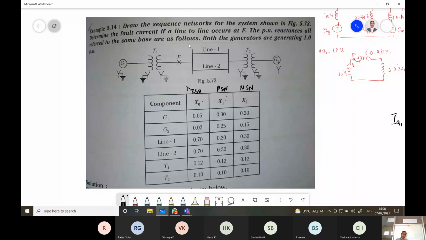So similar to the previous problem, you need to draw PSN and NSN, negative sequence network. After drawing both circuits, simplify them and find out VTH, Z1TH, similarly Z2TH. Then write the combined sequence network in LL fault and find out the fault current.